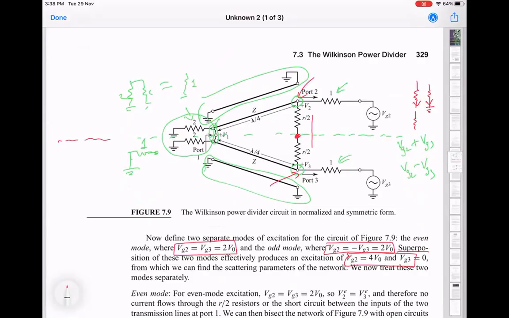But we change that into an equivalent even and odd mode excitation. So here, even and odd basically means whether both the ports have the same voltage, the same sign, or they have the same voltage and opposite sign. Right? So that's what's there in these boxes here.